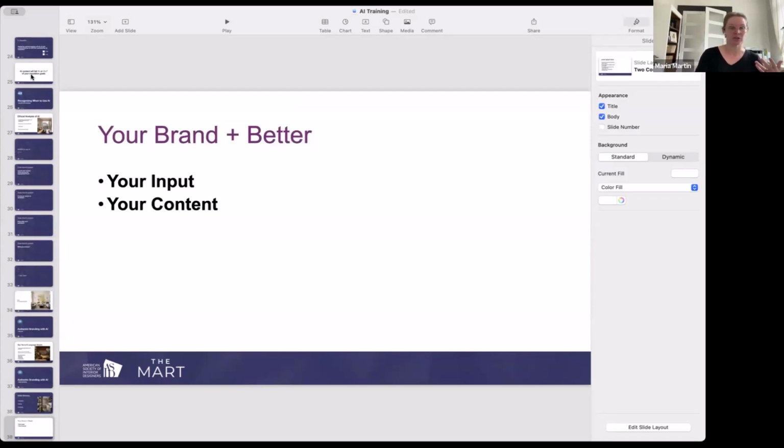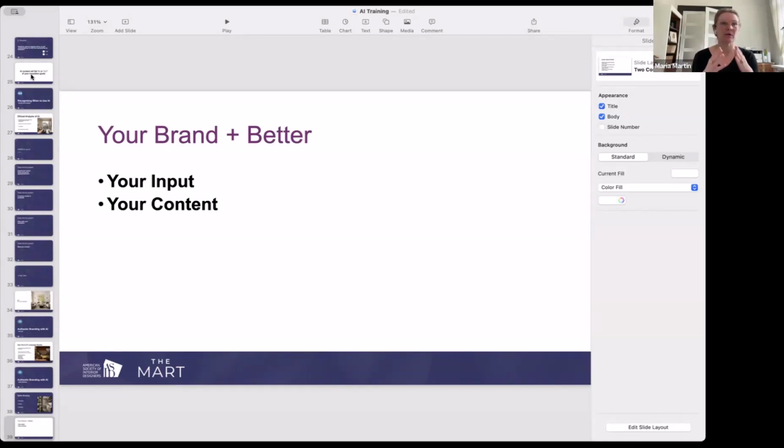So when we talk about using ChatGPT, the goal is that it's you, it's your brand, and it's just a little bit better. That's all we're wanting to do. We're just wanting to create a better quality solution for you, but we want it to be yours.